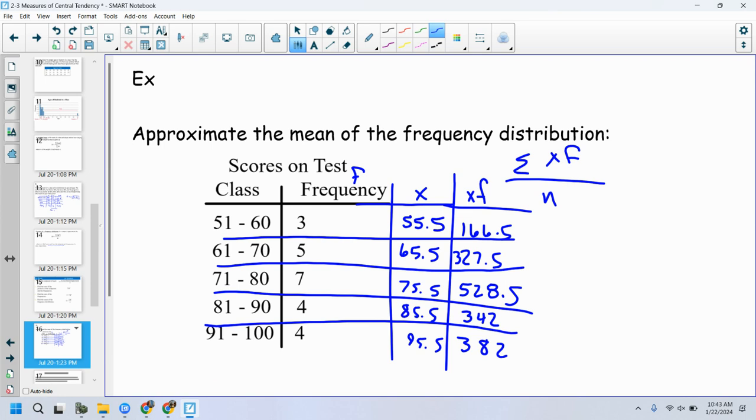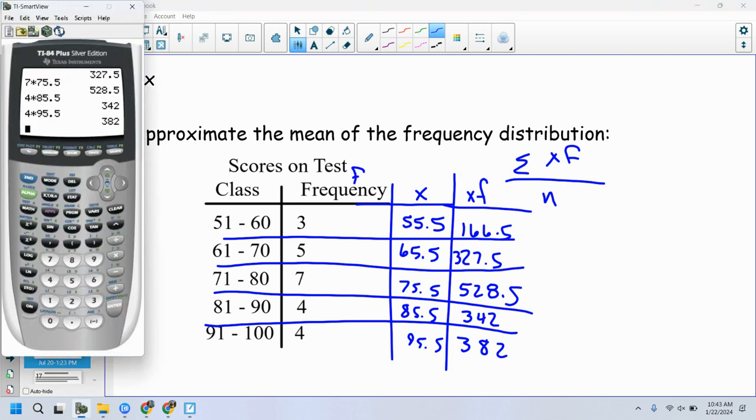Okay, so now sum of XF: 166.5 plus 327.5 plus 528.5 plus 342 plus 382.